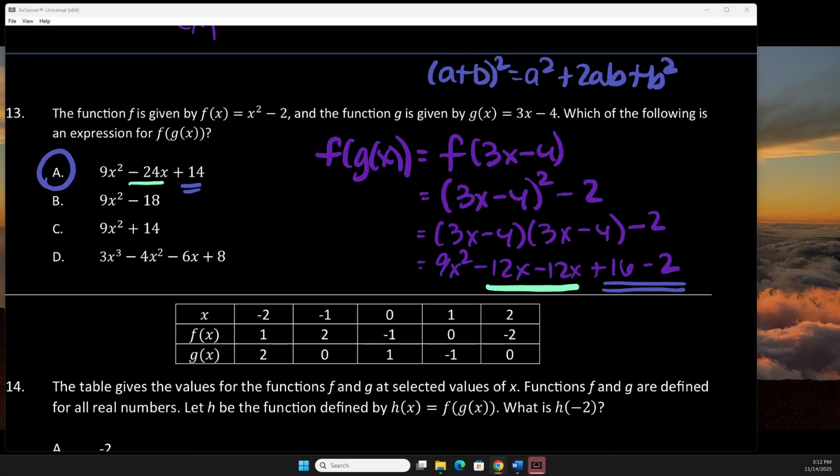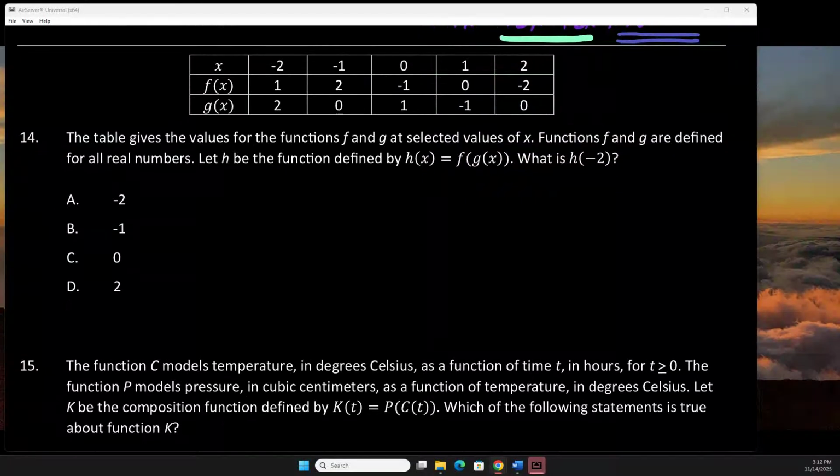All right, number 14, we have a table of values for f and g, selected values of x. Functions f and g are defined for all real numbers. And there's this new function h that is f of g of x.